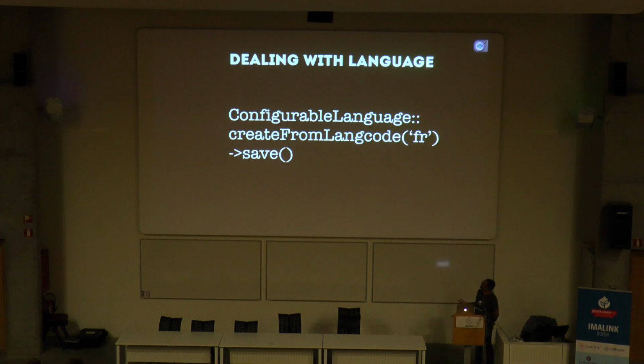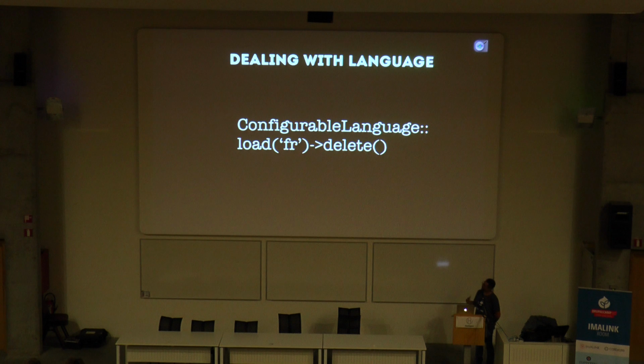And it will work the same as you work with any other config entity. So you can just create this from langcode and call save, and this language will be saved on your system. In the same way, you can load them and edit them and delete them through the APIs.